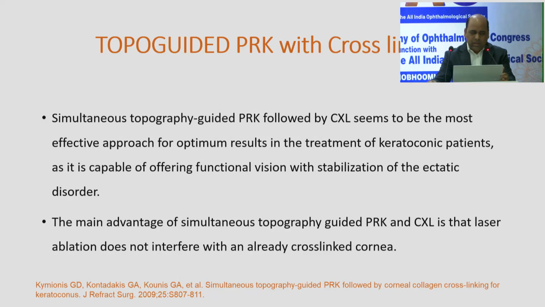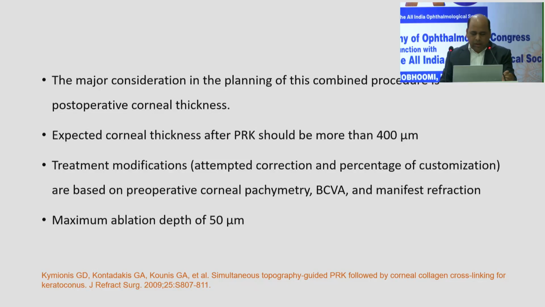But the limitation is that you should not go beyond 50 micron ablation. In 50 micron, you can reshape the cornea as well as reduce the astigmatism, so you can get good visual acuity along with keratoconus progression arrest. The protocol is that expected corneal thickness after this procedure should be at least 400. You should not go beyond that.